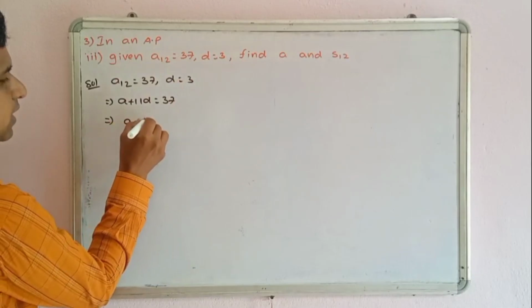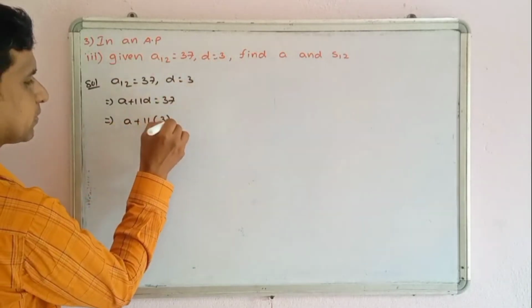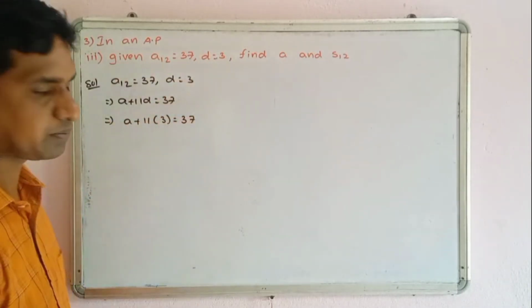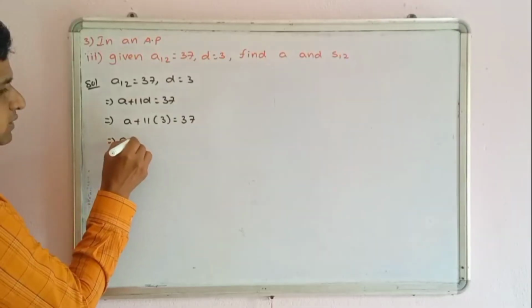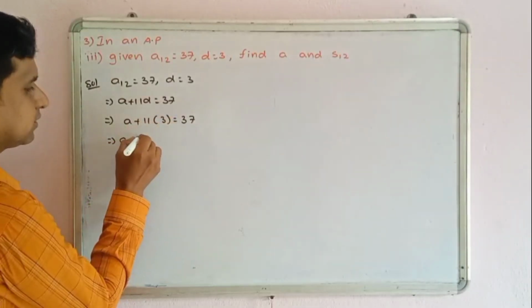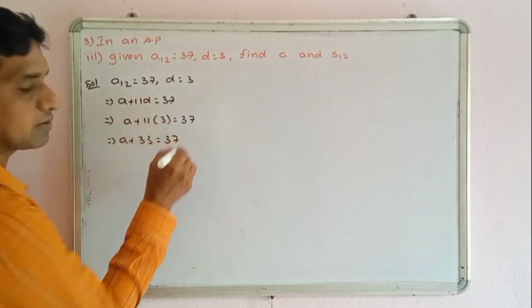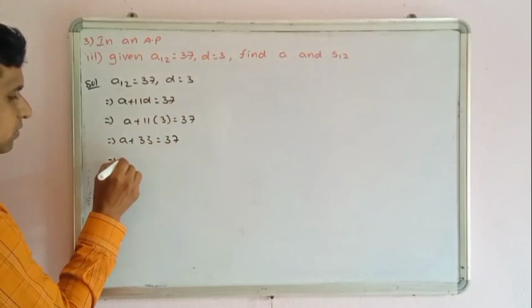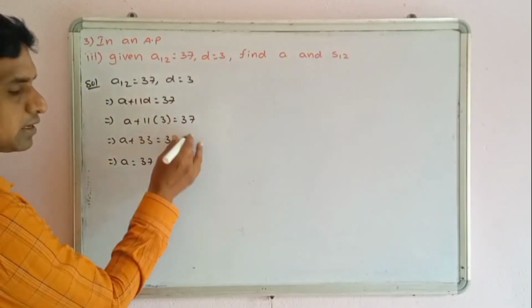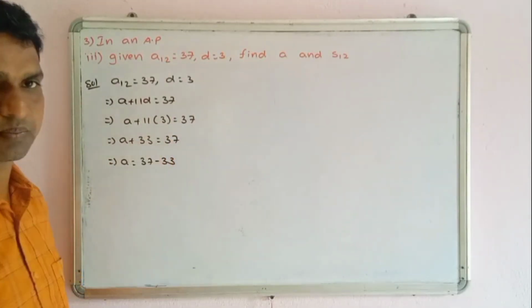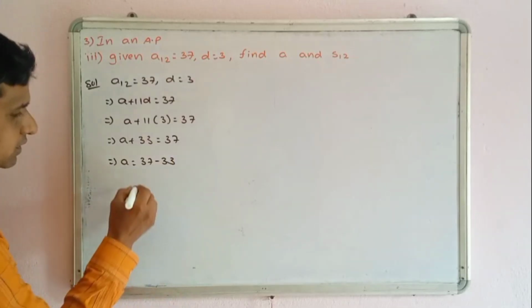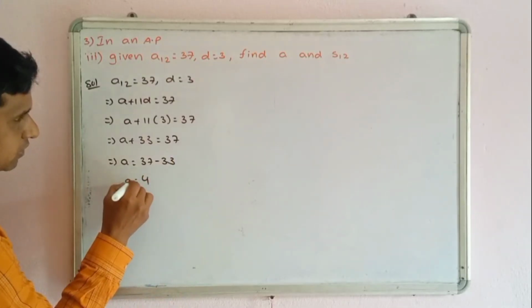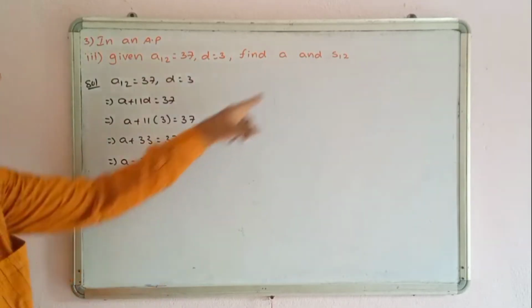So A plus 11 times D value 3 equals 37. 11 times 3 is 33. A equals 37, 33 transposes to the right side as minus 33. 37 minus 33 is 4. Therefore the value of A is 4.